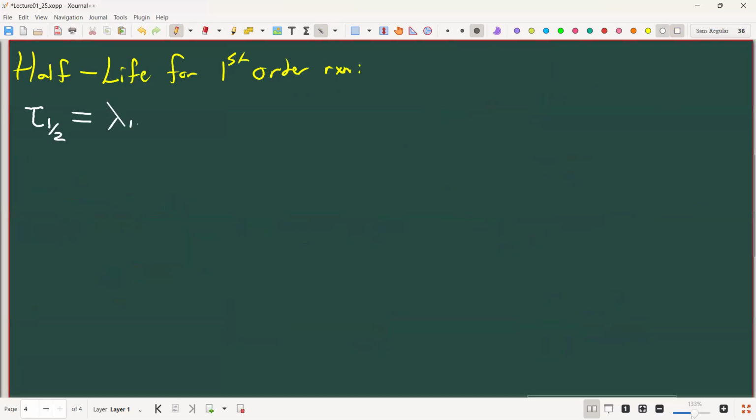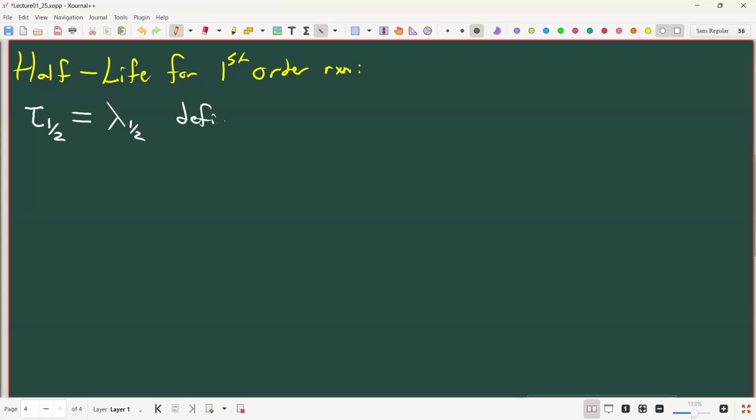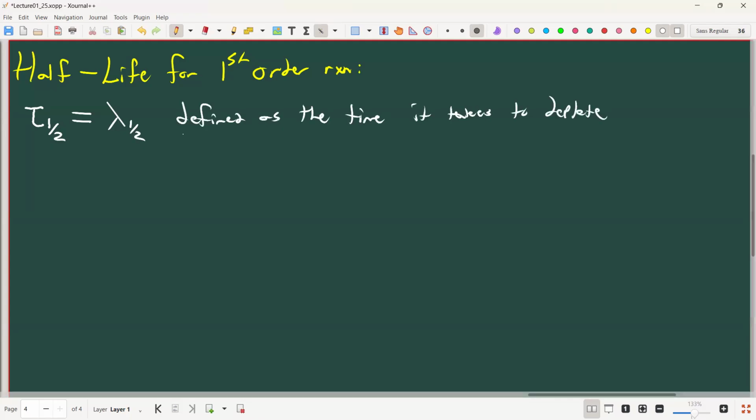Sometimes, if you're into video games, lambda 1/2. If you ever played the game Half-Life, there's a reason why they call it lambda. That's the other way that engineers often call it. And this is defined as the time it takes to deplete half the starting material.